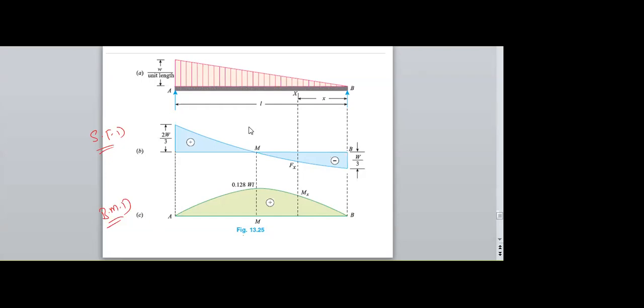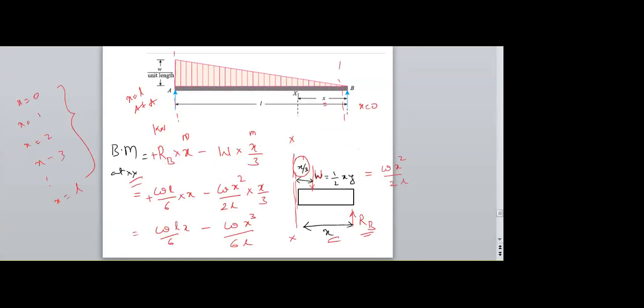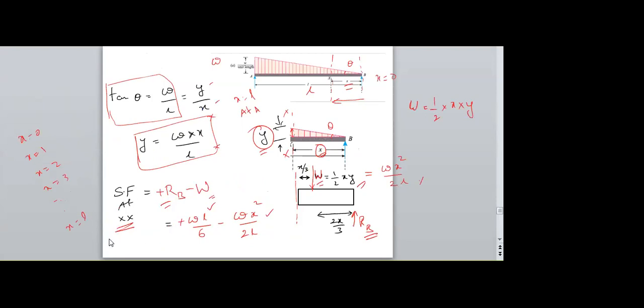If you observe the shear force diagram, it changes its sign from positive to negative or negative to positive. I do not know the location, therefore find the x. In the shear force equation, put shear force equal to 0 and find the x.